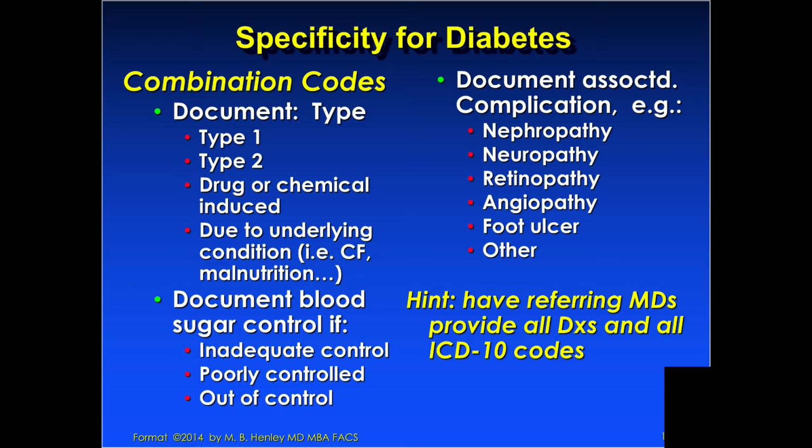And if they have two of those, it requires two separate ICD-10 codes. So you'd have diabetes type 2 with neuropathy and diabetes type 2 with retinopathy. You need to also document if you know that the blood sugar control is inadequate, poorly controlled, or out of control, and don't ask me how you differentiate those. That's a clinical judgment.